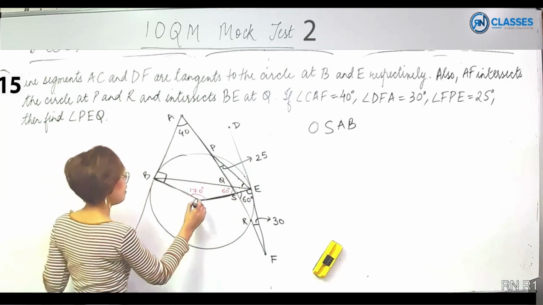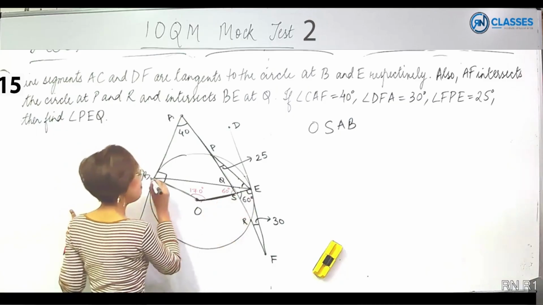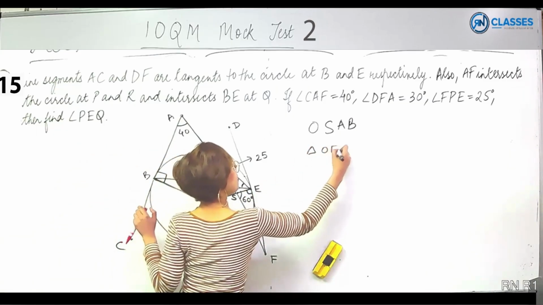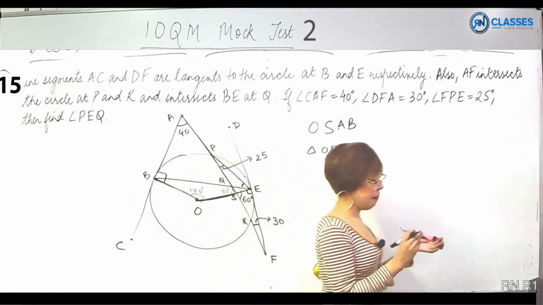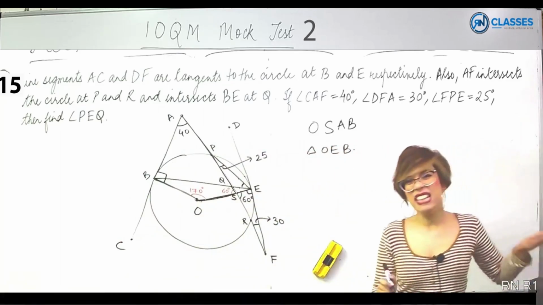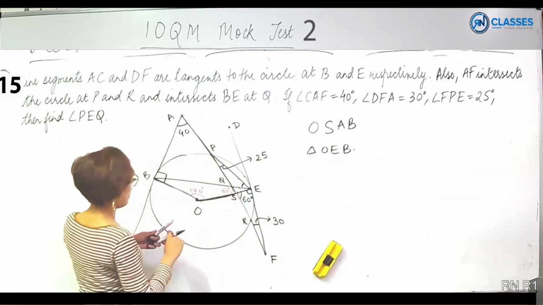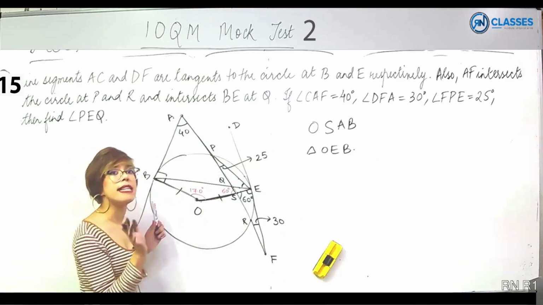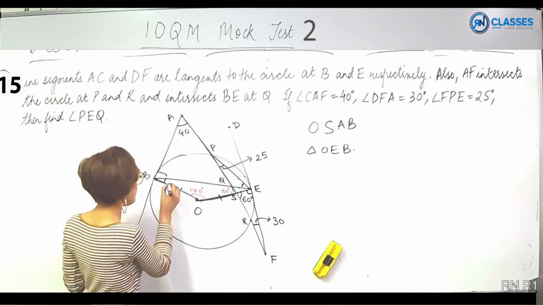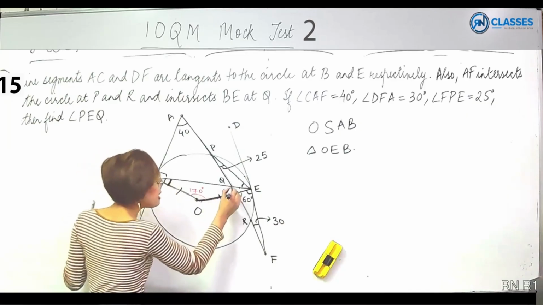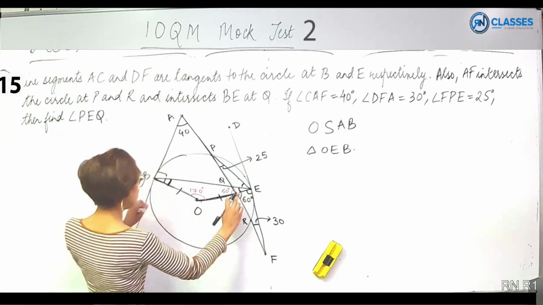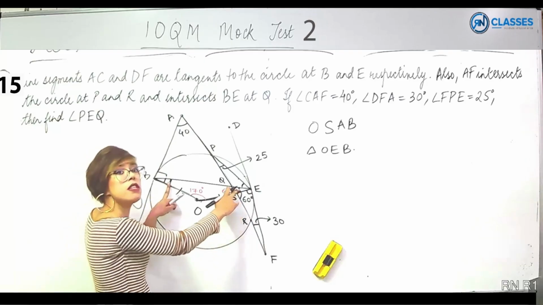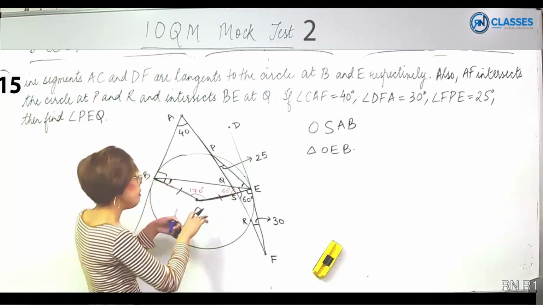Now, consider this triangle OEB. Can you find out some other angle? I think you can. In triangle OEB, OE is equal to OB, so it is an isosceles triangle. This is 170, so the sum of these two angles is 10 degrees, so each will be 5.